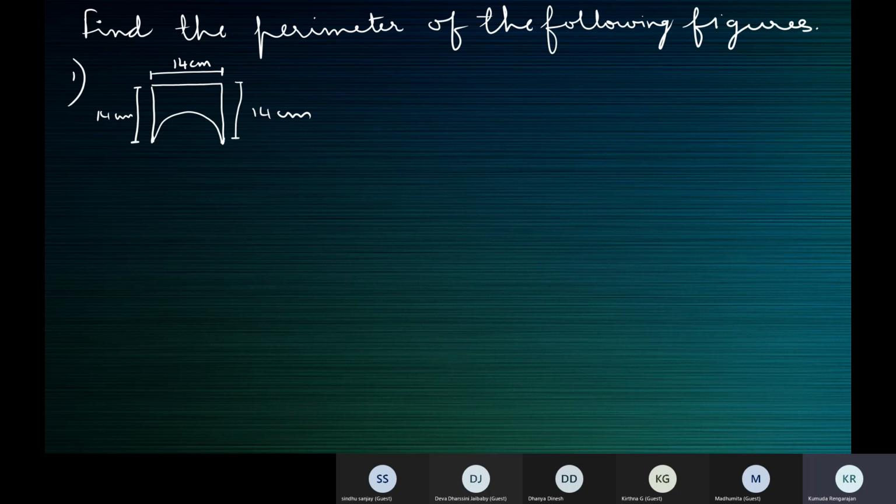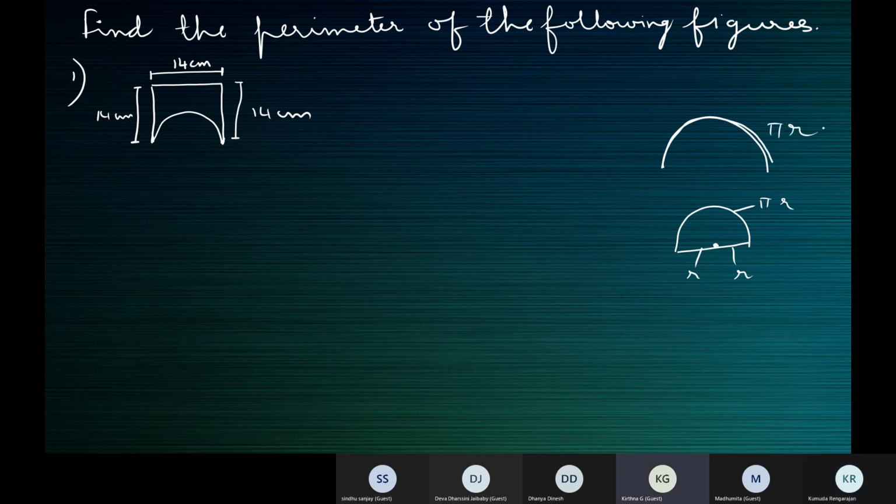You see only this arc. For this one, it is pi r plus 2r. For this one, it is only pi r. Do you get the difference?